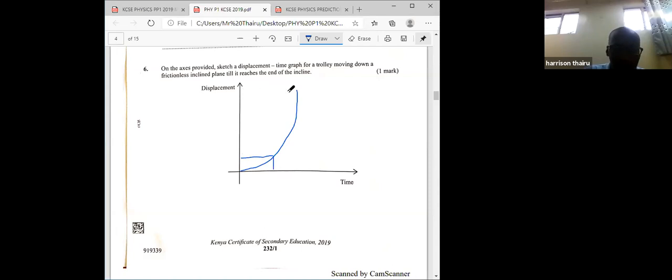But if I have another read-off like that, note that the displacement here is covered within a very short time, meaning that the body at this position is moving at a higher speed as compared to this one. This one was taking more time. So in that case, it means that the body is accelerating. So that is the nature of the graph that was expected in the exam. Then we move on to the next question.